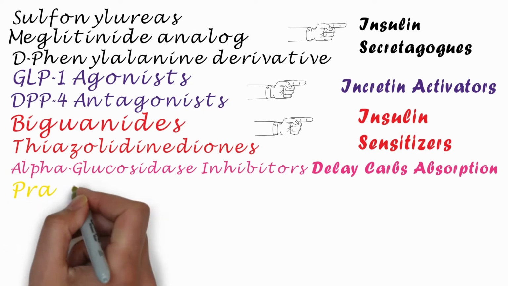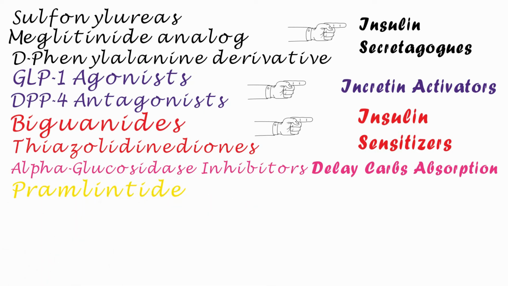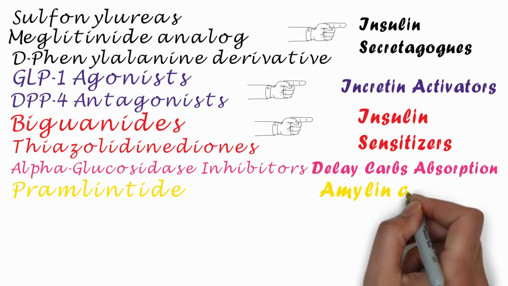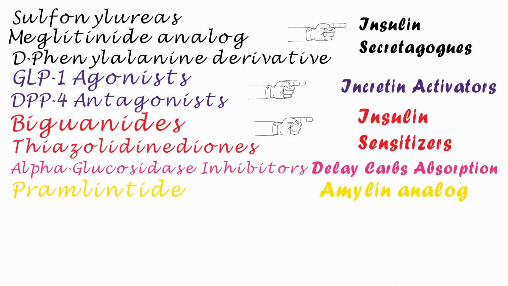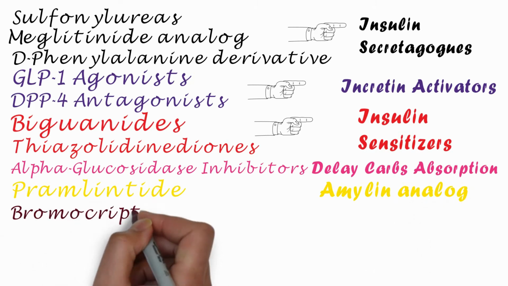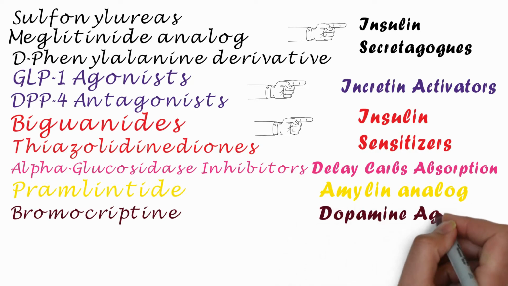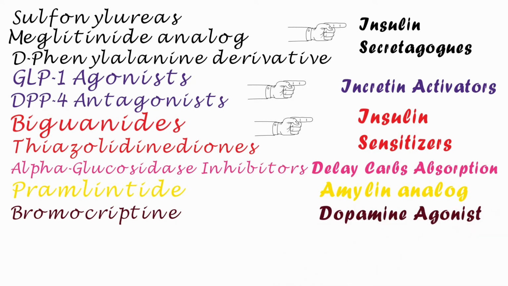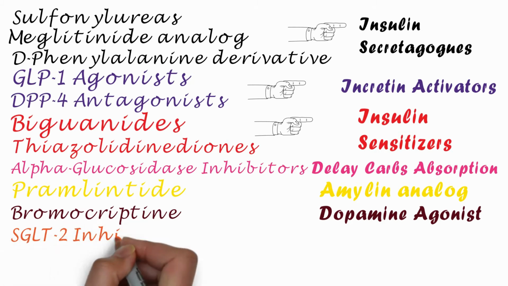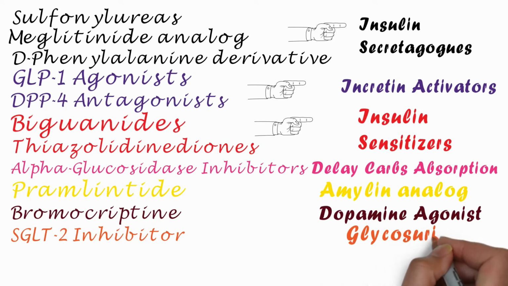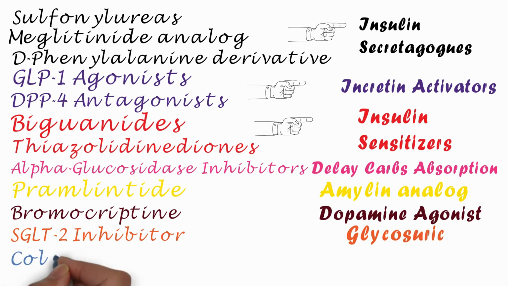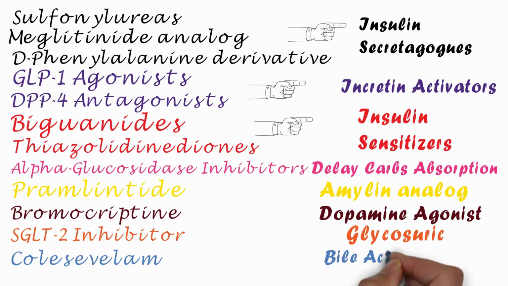We have a drug named pramlintide, which is a synthetic analog of amylin secreted by pancreatic beta cells. Bromocriptine has agonistic action on the dopaminergic system of our body. And we have inhibitors of sodium glucose linked transporter 2 on renal tubular cells, which increase the excretion of glucose in urine. A bile acid sequestrant, colesevelam, is also approved for use in type 2 diabetes.